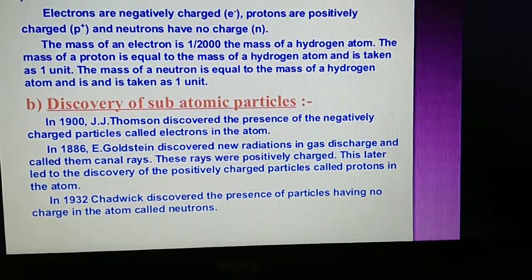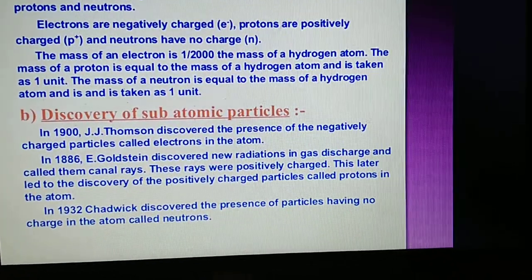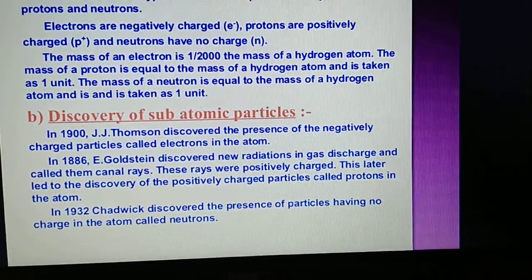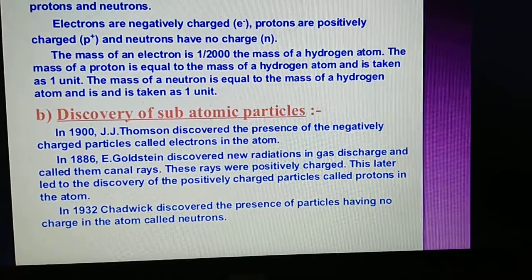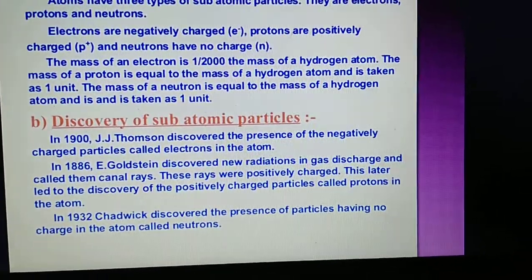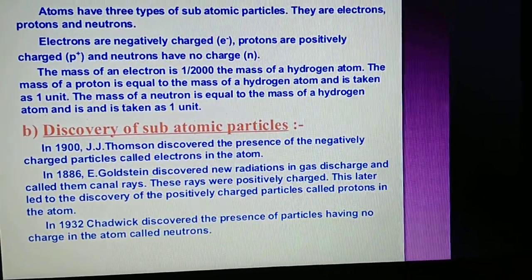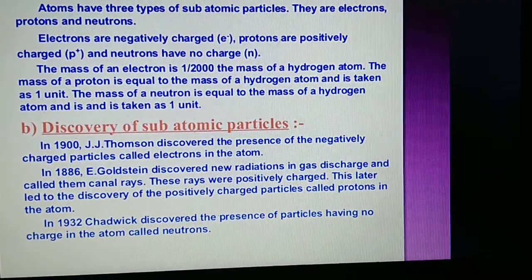In 1932, Chadwick discovered the presence of particles having no charge in the atom, called neutrons. So the discovery of protons, electrons and neutrons took place by Goldstein, J.J. Thomson and Chadwick.